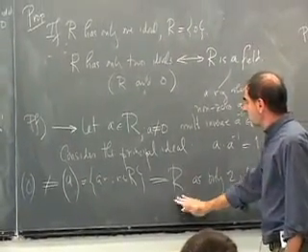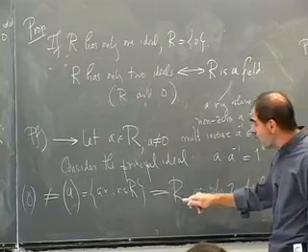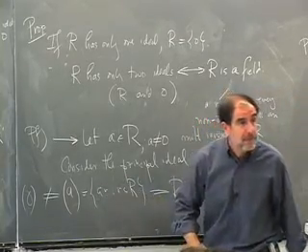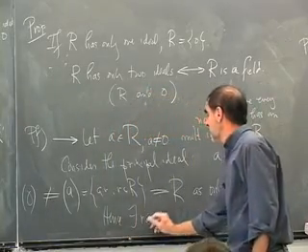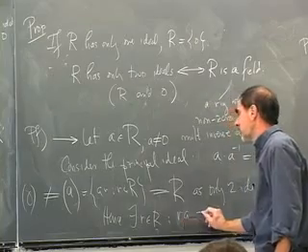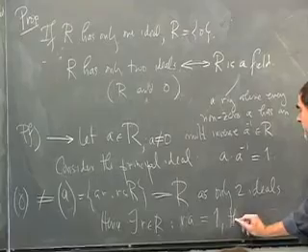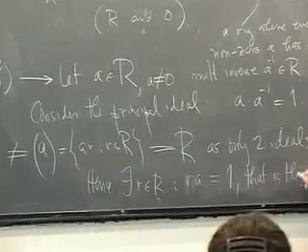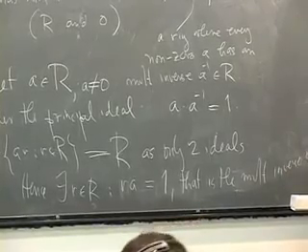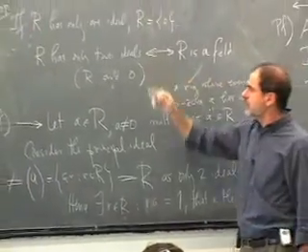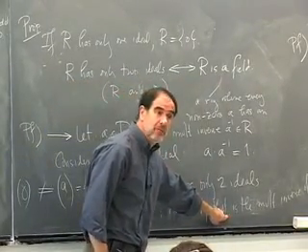Now, one element of this ring is 1. Right? So I have to be able to write 1 as some multiple of A. Well, that's the multiplicative inverse of A. So if I have only 2 ideals, I've just proved that any non-zero element has a multiplicative inverse, which means I'm a field.